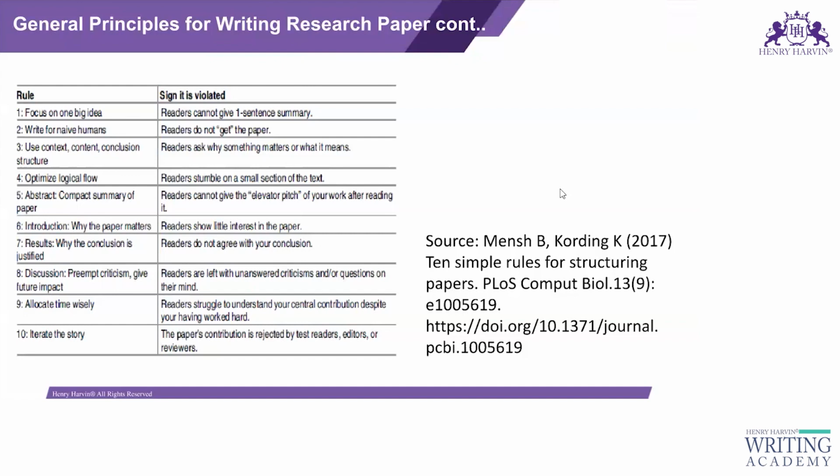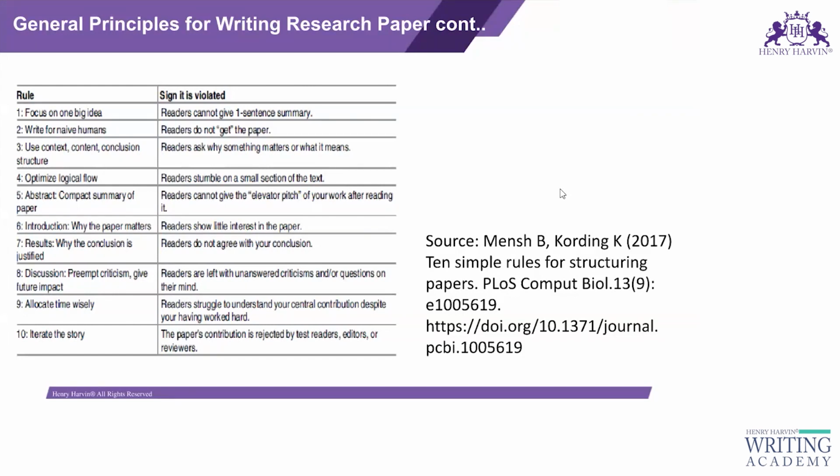So now we will discuss the rules again, and how you will know that these rules are violated, that you have not fulfilled them. Rule number 1 was to focus on one big idea, which is what you write in the title. Otherwise the readers cannot give a one sentence summary.